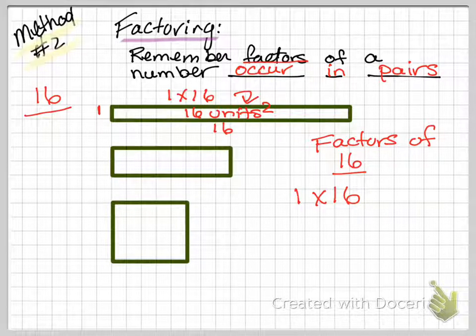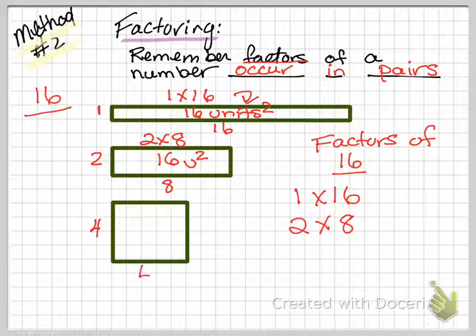I also have 2 times 8. So 2 on this side, 8 on this side, and an area of 16 unit squares on the inside. So 2 and 8 is another factor pair of 16. And I can also have 4 times 4.